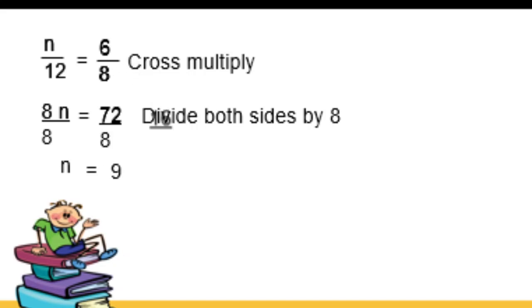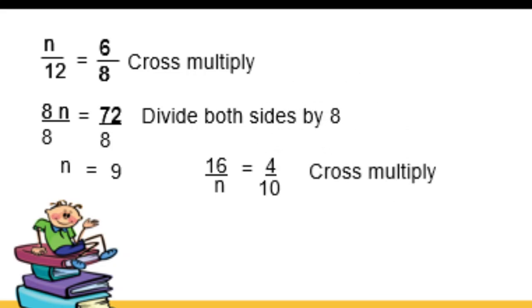Next sample, you have 16 over n is equal to 4 over 10. Again, cross multiply. So that is n times 4 is equal to 4n, and 16 times 10 is equal to 160.